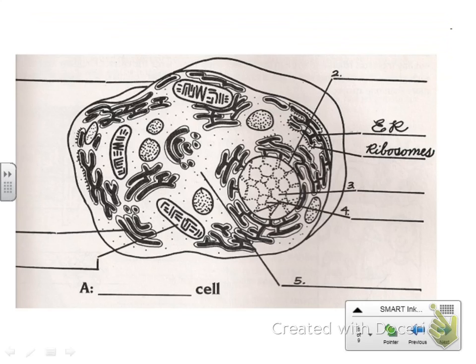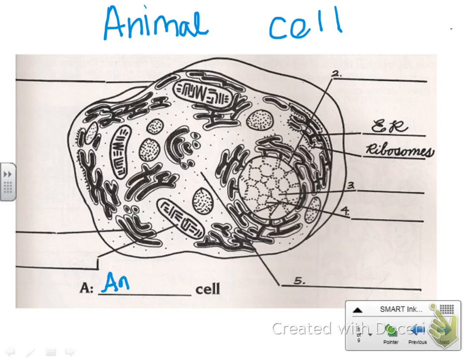So go ahead and label those. So there's your animal cell. All right, let's take a look up here.